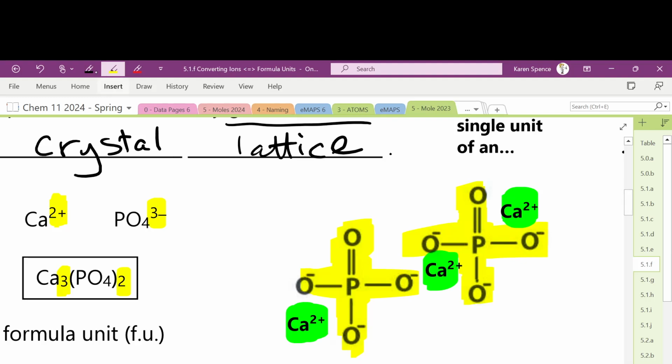Okay, that is a formula unit of Ca3(PO4)2.